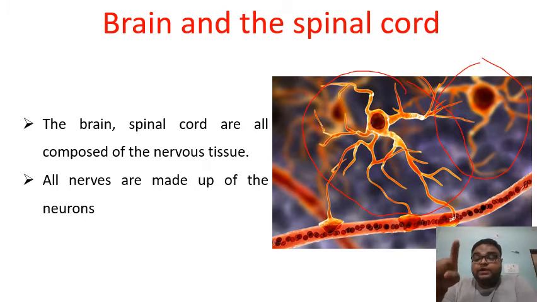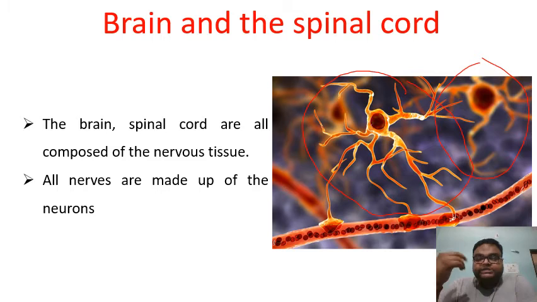And the neuron has what? It has a cell body, right? It has an axon, and it also has dendrites. Okay, students? Right. So that is the thing about the brain and the spinal cord, which process most of our information. Like I am teaching you, you are receiving the information.